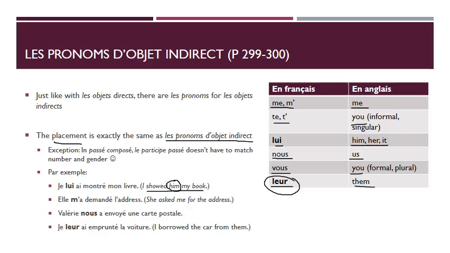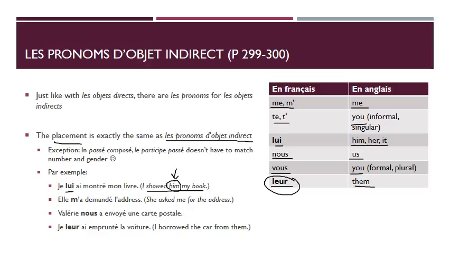But whenever we make it into a pronoun like this, it's not going to sit in the same place in the sentence. So this is why it's very important to pay attention to what the structure looks like en français. So in this case, it's going to be je lui, so I, him, basically, ai montré, which is I showed, mon livre.